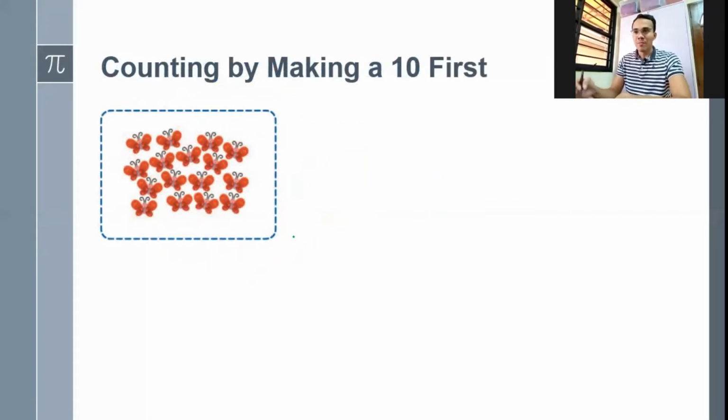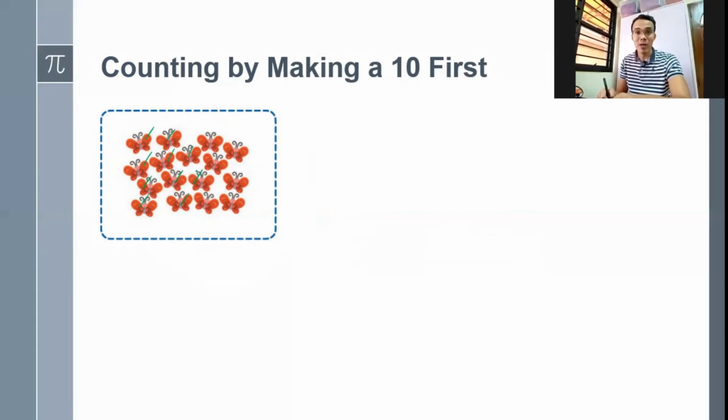Another example, how many butterflies are there in the picture? There are so many butterflies in the picture, so we're going to make 10 first. Let's count. 1, 2, 3, 4, 5, 6, 7, 8, 9, 10.